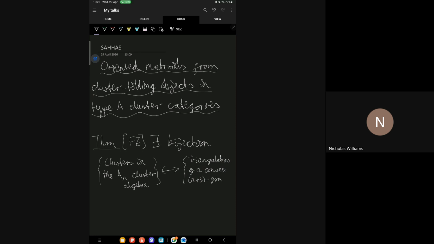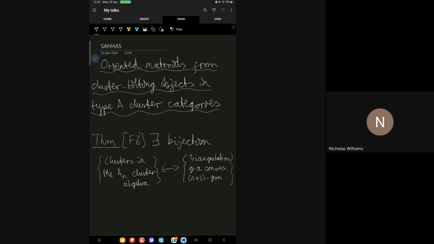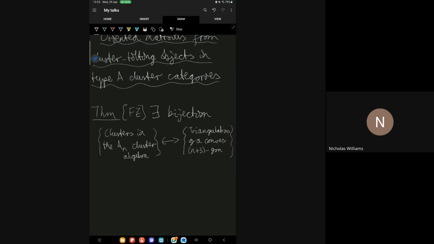So this was one of the very early explicit descriptions of a cluster algebra introduced by Fomin and Zelevinsky.